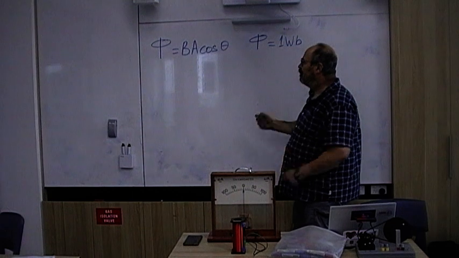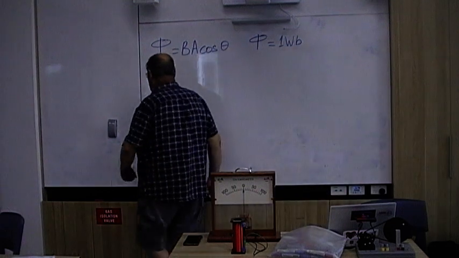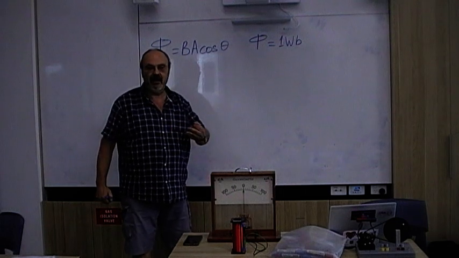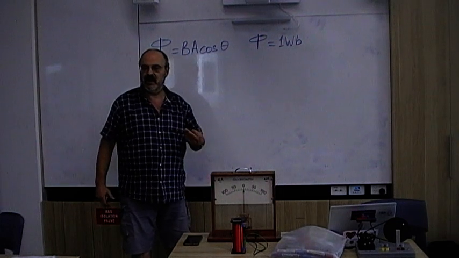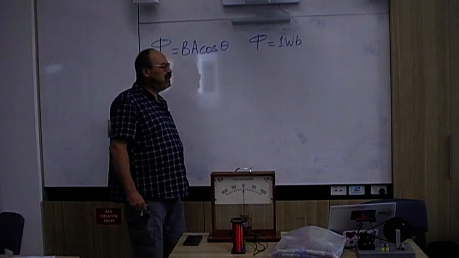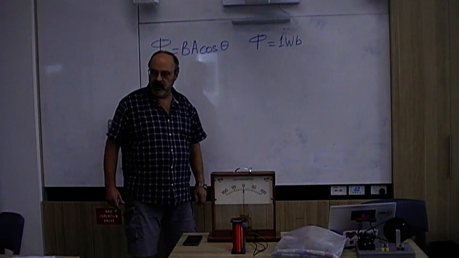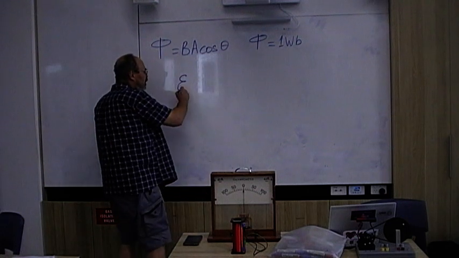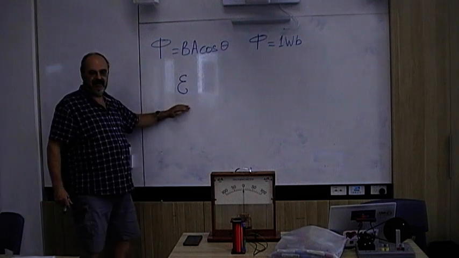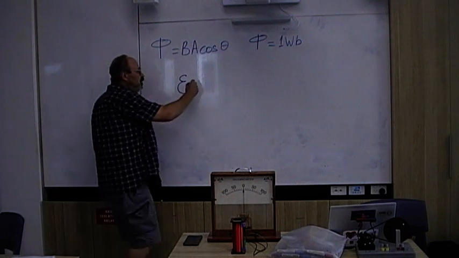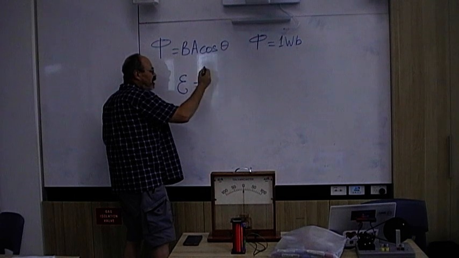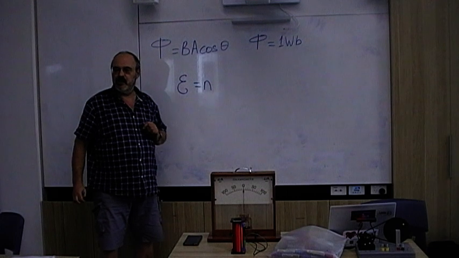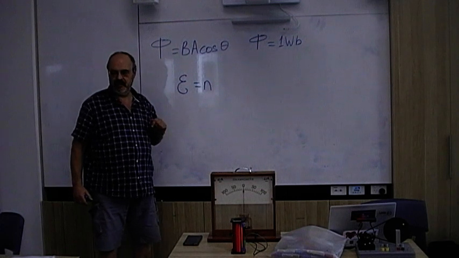And Faraday's law, who discovered this phenomenon: when the magnetic field through the coil changes, the current is produced. That's called electromagnetic induction. But more exactly, when flux through the coil changes, the current is produced, and EMF, this letter means EMF, equals N, the number of turns, because EMF is produced in each turn.